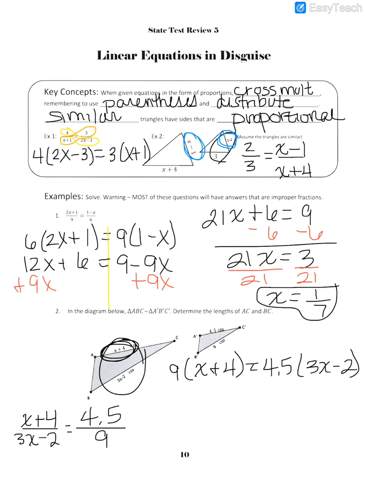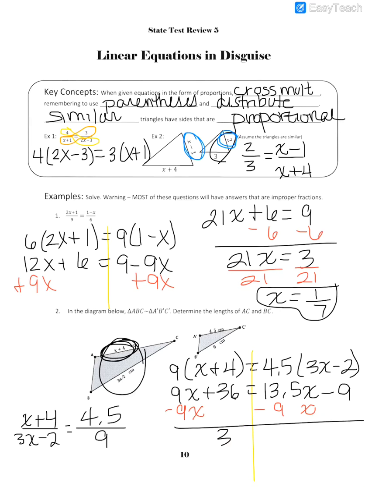All right. So we have 9x plus 36. Next we have 13.5x minus 9. It looks like my 9x is the smaller x, so minus that. 36 equals 4.5x minus 9.